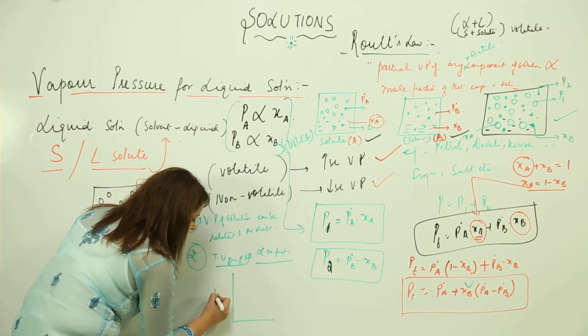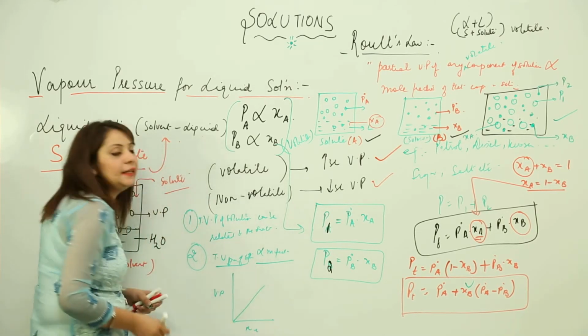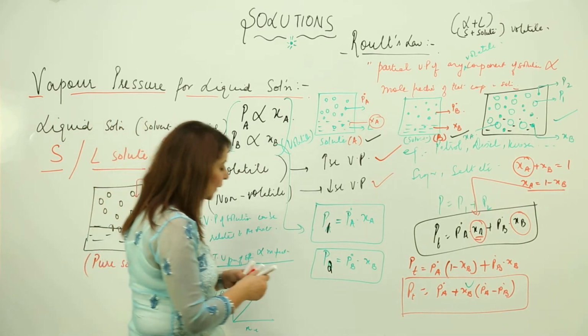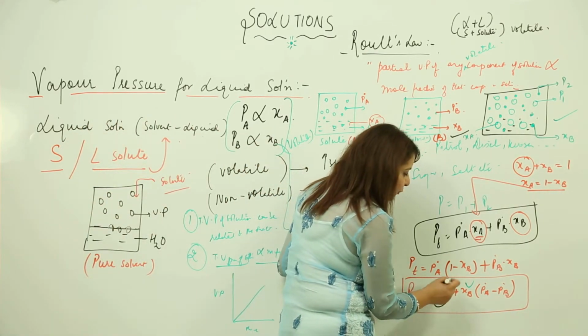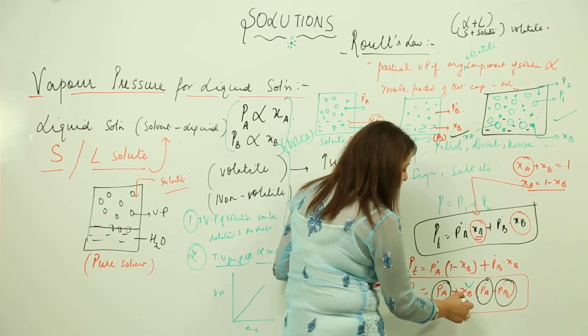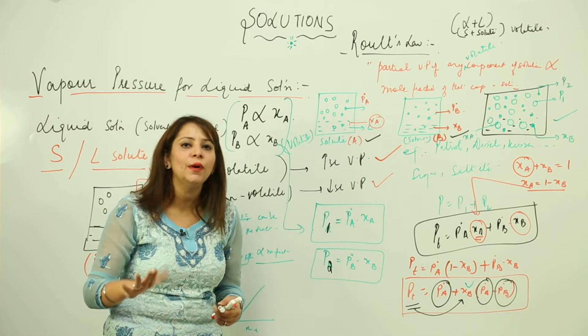That means suppose I have the vapor pressure of solution and the mole fraction, it varies linearly. I am just going to explain this graphically. As you can see, P naught A is constant, P naught B is constant, so obviously total P is just related to the mole fraction. So we can say it is directly proportional to the mole fraction of any one of the components.